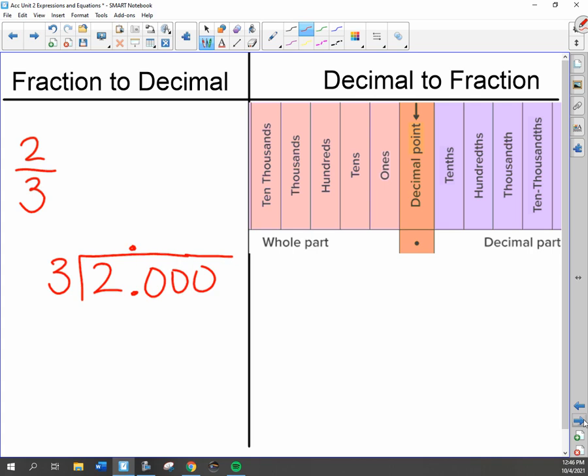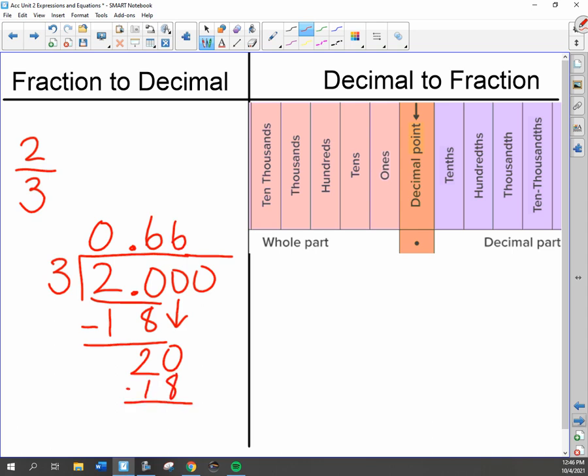So 3 cannot go into 2, so I put a 0 up there, and 3 times 0 is 0. And so then I take it into 20. 3 goes into 20 6 times, 6 times 3 is 18. I subtract, I get 2, I bring down my next 0. 3 goes into 20 6 times, 6 times 3, 18.